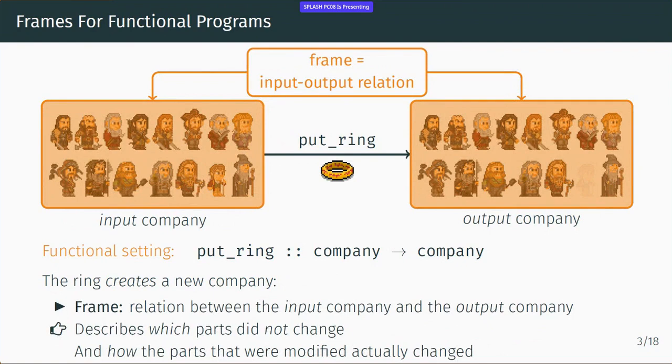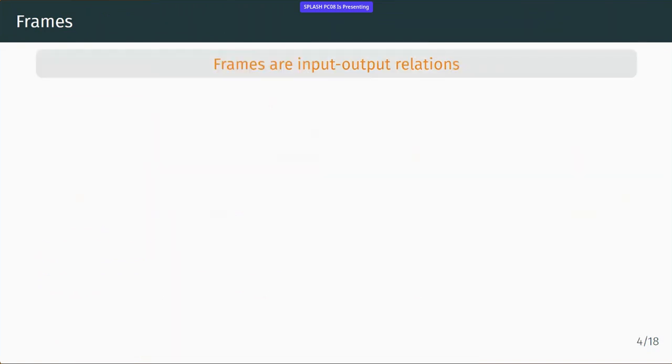So you can see it as a specification of your program. It describes both the parts that did not change between the input and the output, and how the parts that were modified actually changed. Okay. And these frames, this is what we're interested in in this talk.